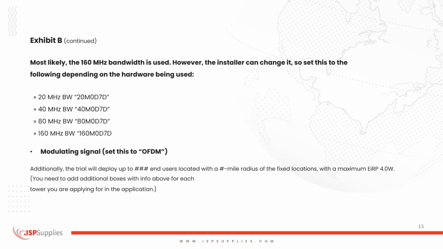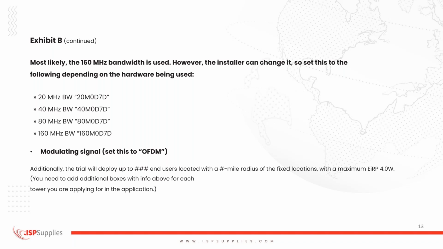And then, this is what I talked about earlier, whether or not you are wanting to register a 20, 40, 80, or 160 wide channel, then you would use the emission designator that matches what you're actually going to register for that equipment.